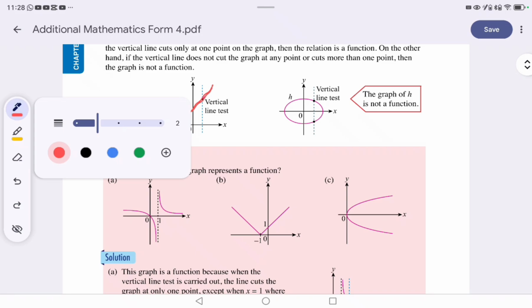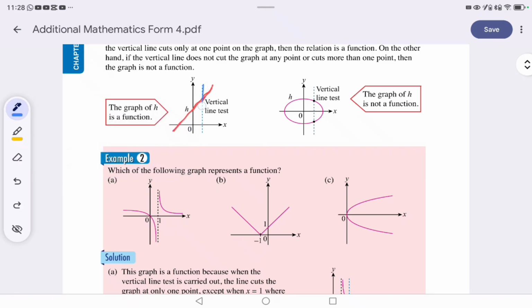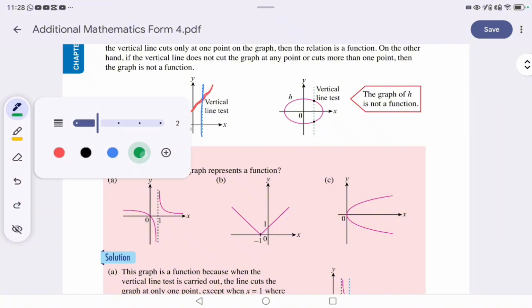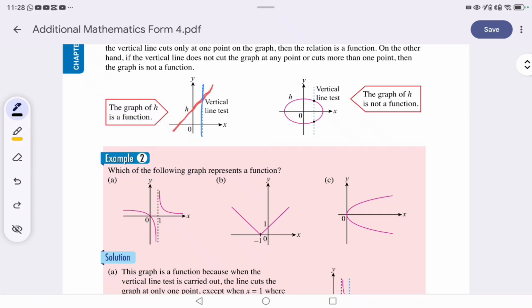Teacher uses blue color to show the vertical line. This one is a vertical line. It cuts at one point over here, and then I change the color, black color, for the point. This is the point. So it cuts in one point. So this one we call a function.